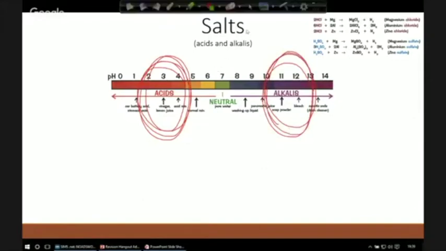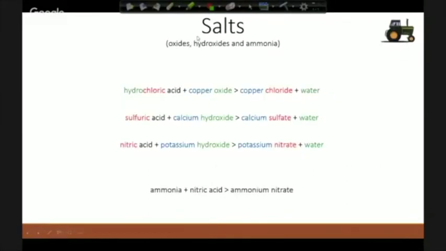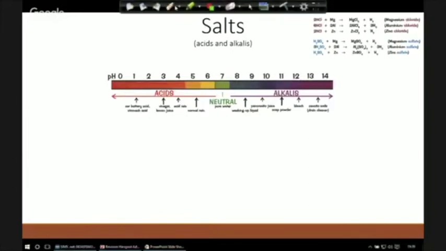Well, an acid is simply a substance of pH 7 or less, and acids specifically will form hydrogen ions when in water. That is what makes an acid an acid.